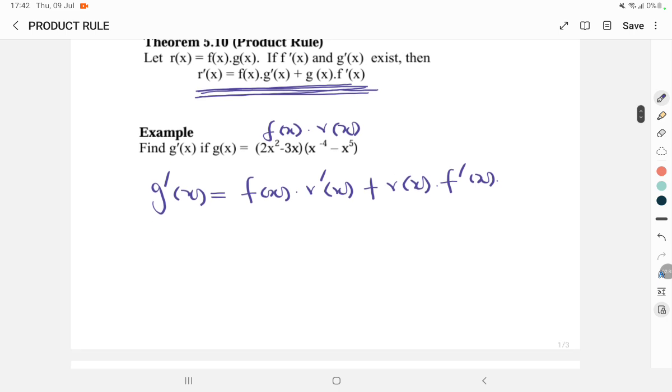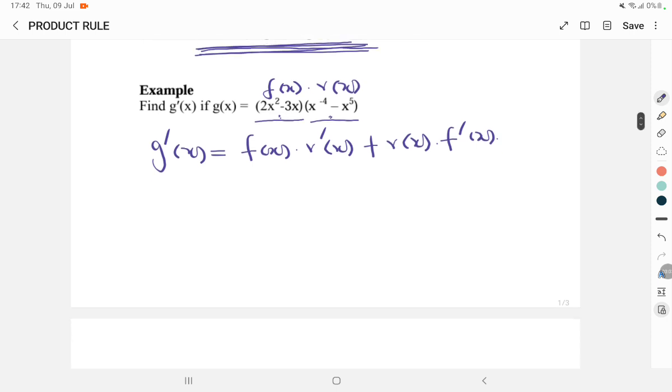And now check here, f of x represents this function, then r of x represents this function, right? So where we see f of x, we're going to substitute this function here, and where we see r of x, we're going to substitute this function, right?